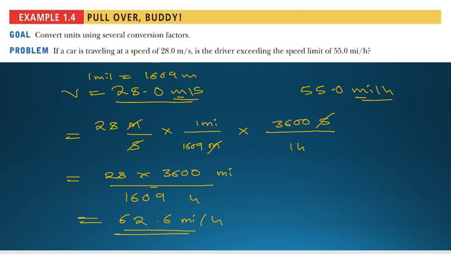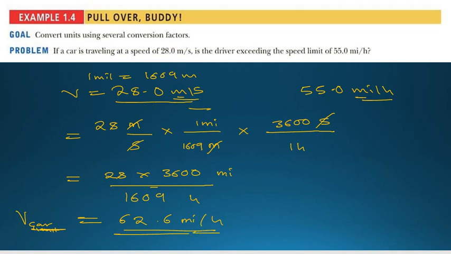Now let's analyze the two speeds. This is the speed of the driver, which we've converted from meters per second to this.